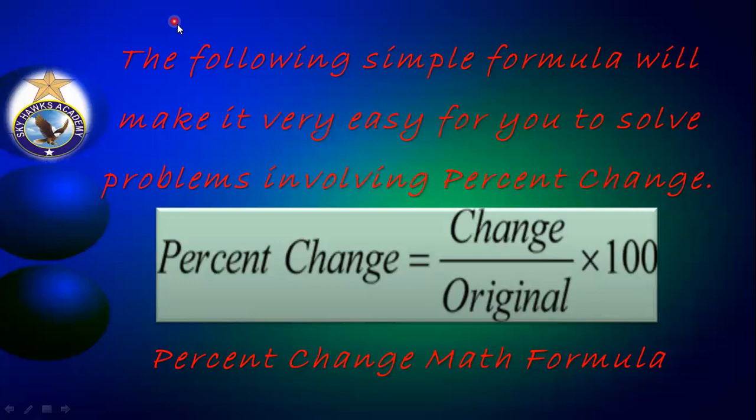So if we are looking for the percent change, we calculate the change and write the original value. The ratio of these, multiplied by 100, gives the percent change. So how? Let's see.